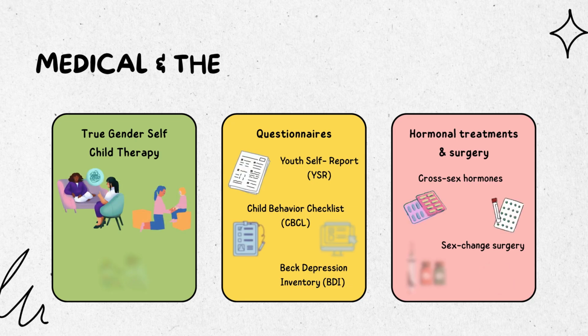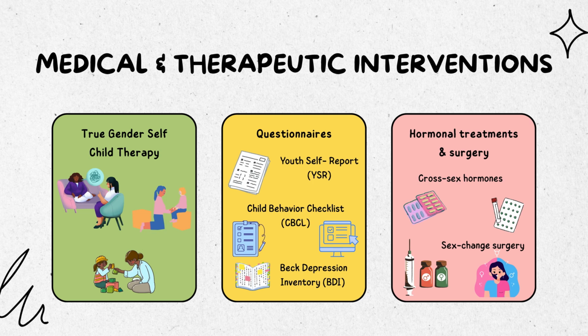We found some medical and therapeutic interventions that people have tried regarding gender identity disorder. We have the True Gender Self Child Therapy, which is mainly about letting the kid realize and connect with whichever gender they feel comfortable with.